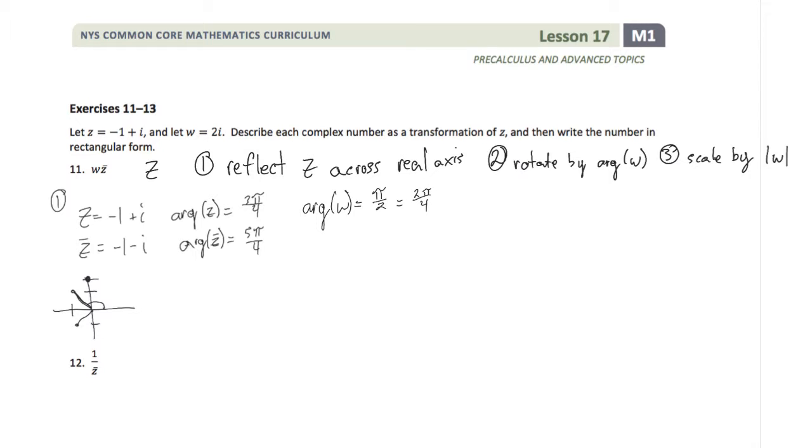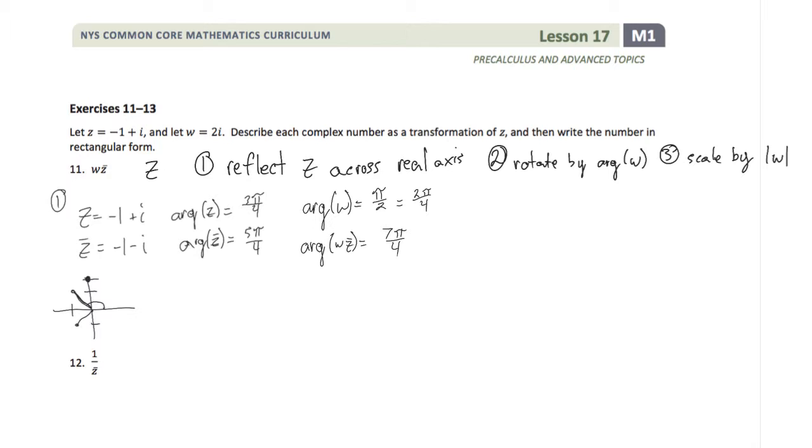And remember, whenever I multiply two complex numbers, I add their arguments. So arg of W Z bar is going to be equal to 5 pi over 4 plus 2 pi over 4, for 7 pi over 4.